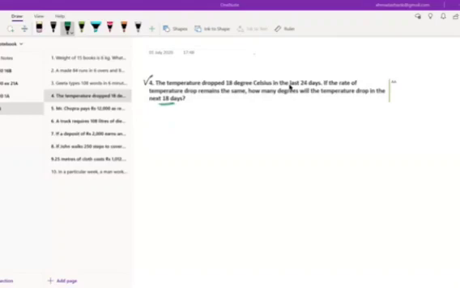Now let us solve question number 4. Temperature dropped 18 degrees Celsius in 24 days. So we can say that temperature drop in the next 18 days can be calculated. Temperature drop in 24 days is equal to 18 degrees centigrade.